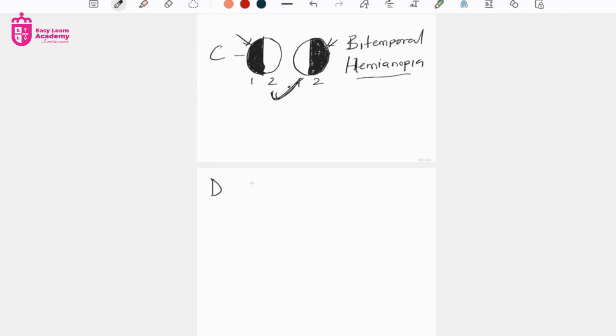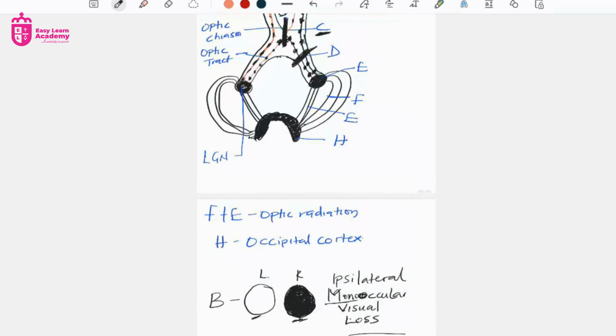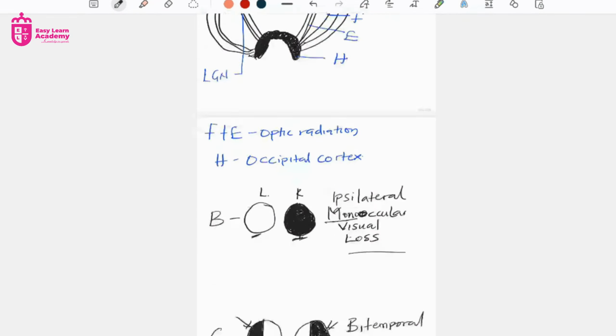So Dr. Loretta, when you are ready, you tell me what defect this gentleman has. Remembering that this side is the left and this side is the right. The defect is at D, and D is optic tract.